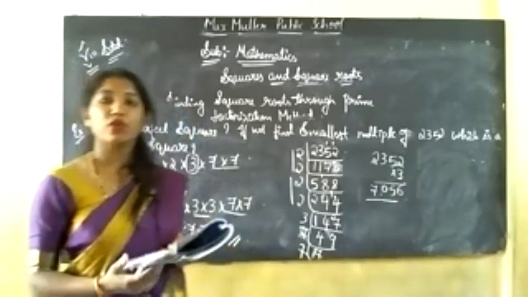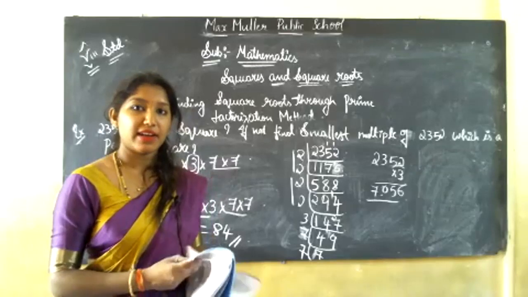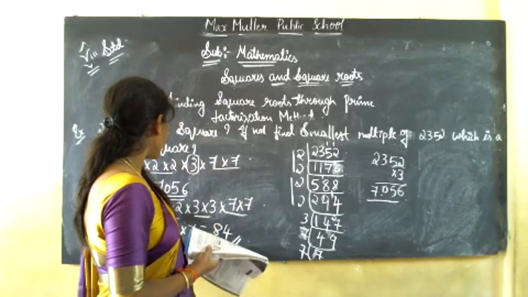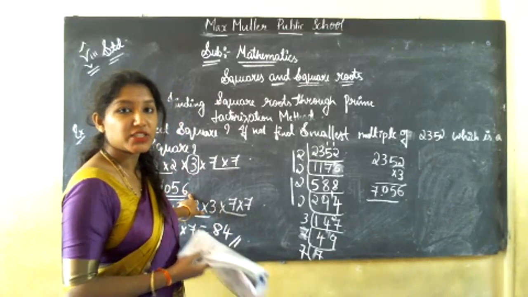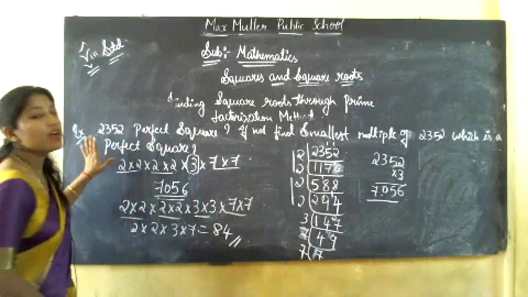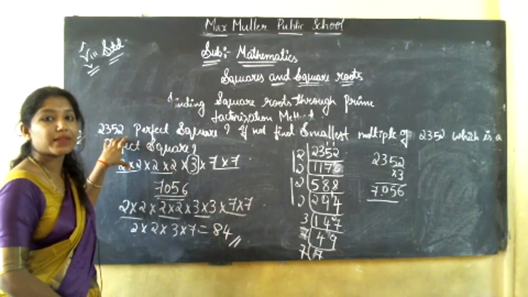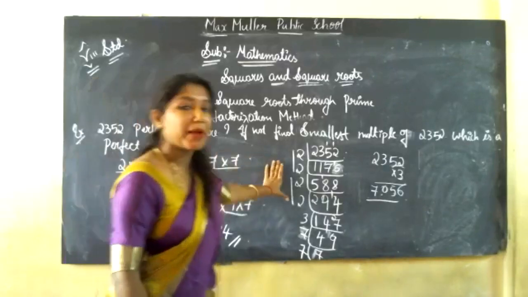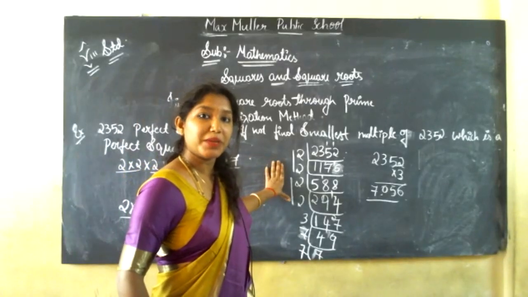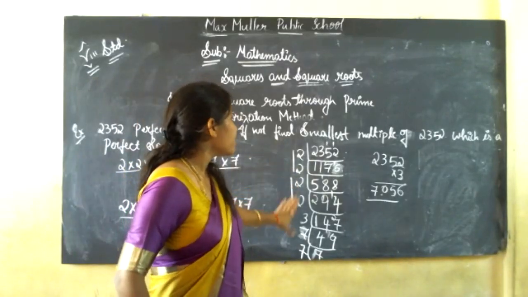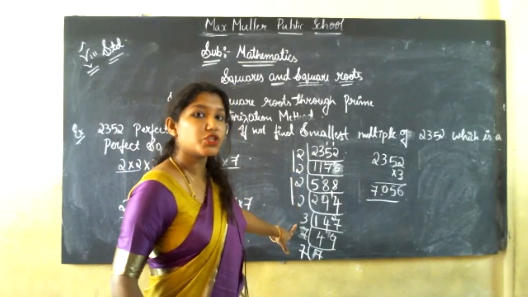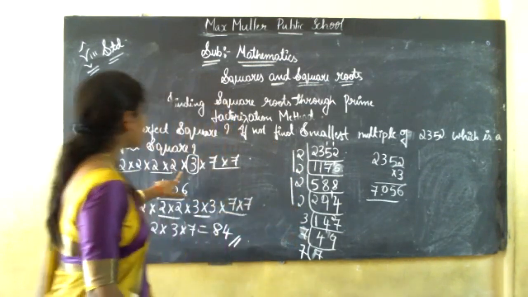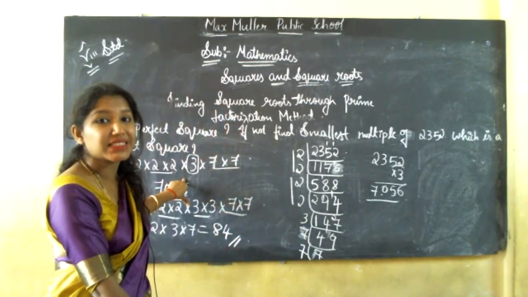Okay, 84 will be your square root for this 7056. Hope all understood, students. What I did here is, first you have to check whether the given number is a perfect square number or not. So by the prime factorization method, you will be checking that. All the prime factors should have pairs here. But here the pair is missing, that is 3 is missing.